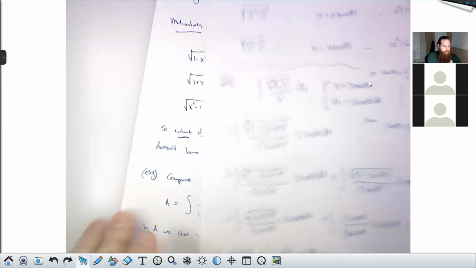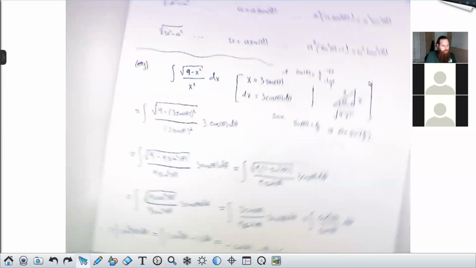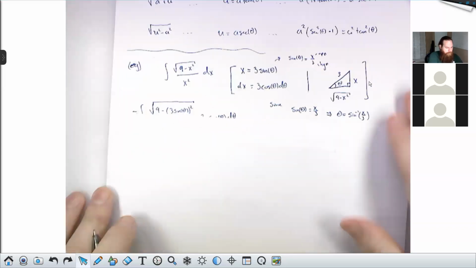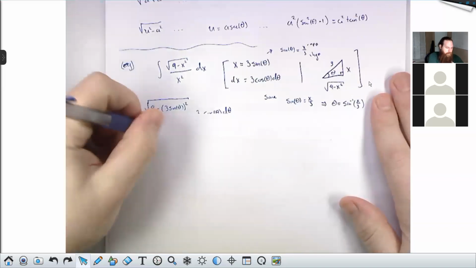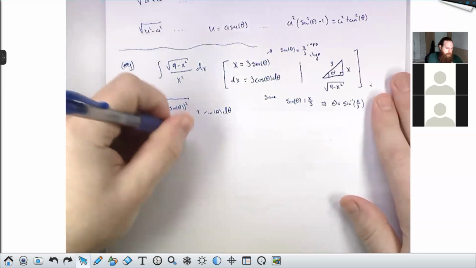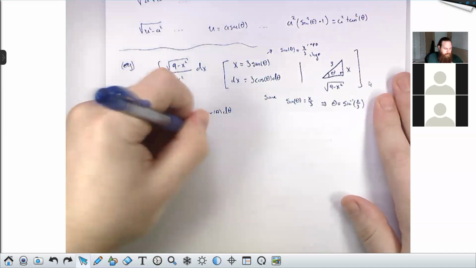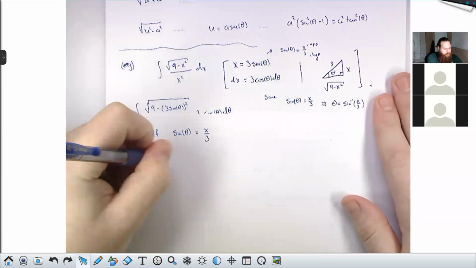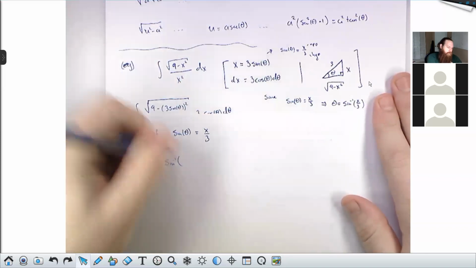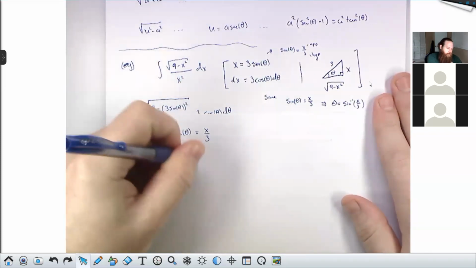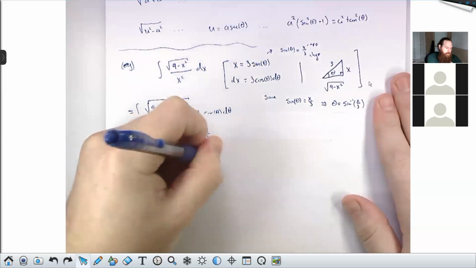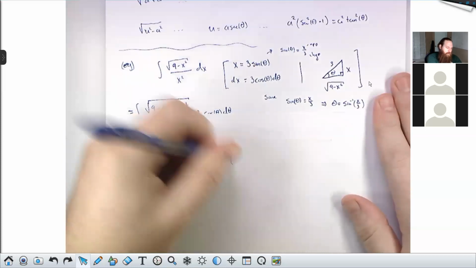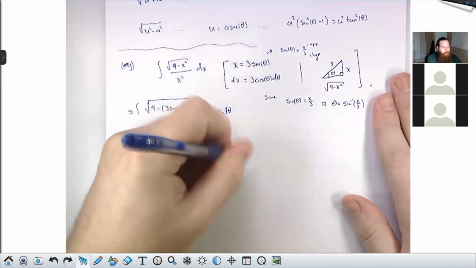So what I did to go from there to there, I'm going to remind you guys how this goes. So if sine theta is x over 3, then what you do is you take the inverse sine of both sides. Sine inverse of sine theta equals sine inverse of x over 3.